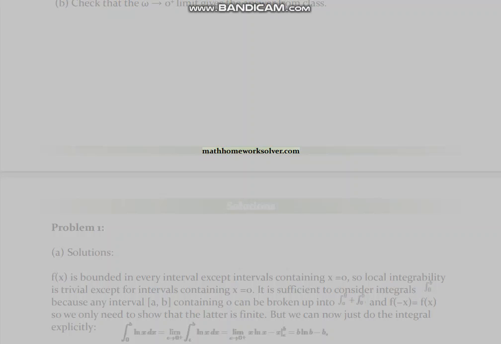MathHomeworkSolver.com Problem 1, A. Solutions. f(x) is bounded in every interval except intervals containing x equals 0, so local integrability is trivial except for intervals containing x equals 0. It is sufficient to consider one-sided integrals because any interval (a, b) containing 0 can be broken up, and f(-x) equals f(x), so we only need to show that the latter is finite.